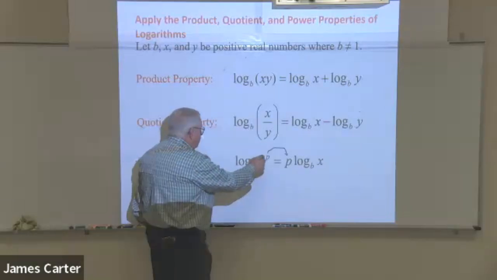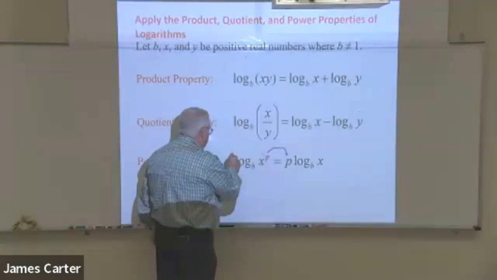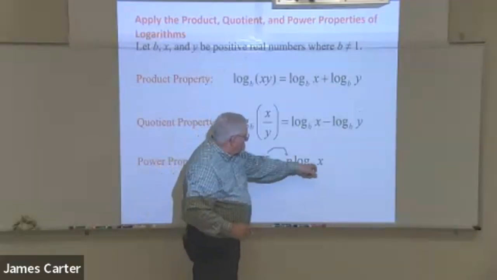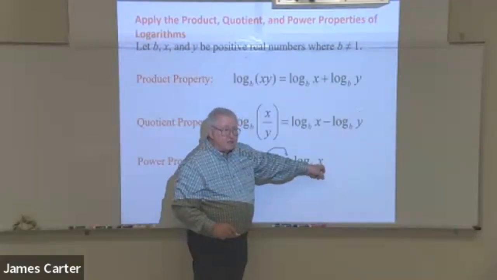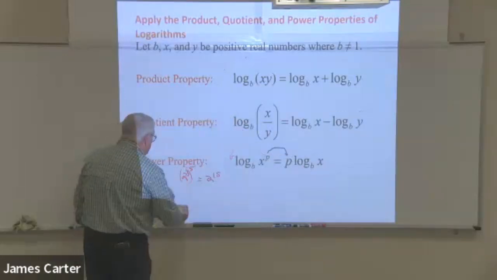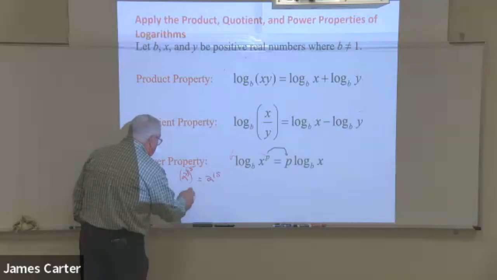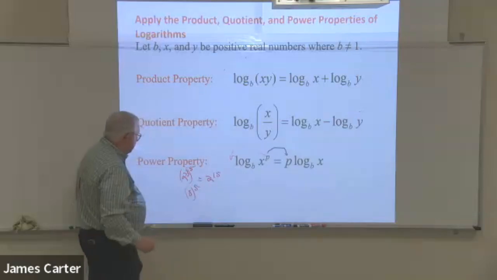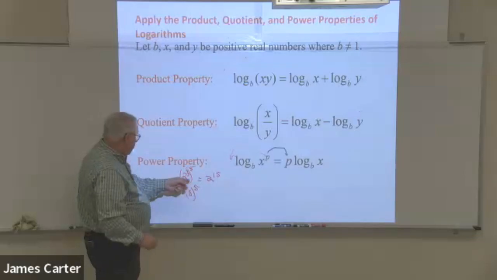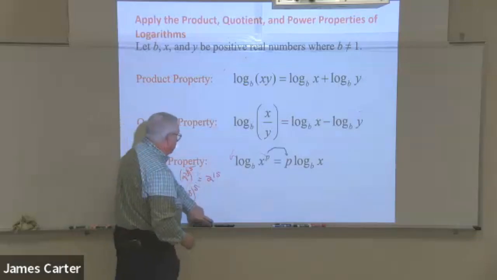What we're doing right here by pulling this out front is we're multiplying that times the value of this. Likewise, over here, we could be saying 8 to the 5th. Okay? Which would give us the same ultimate answer.